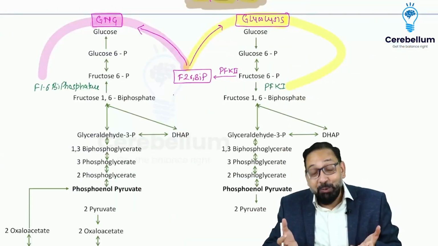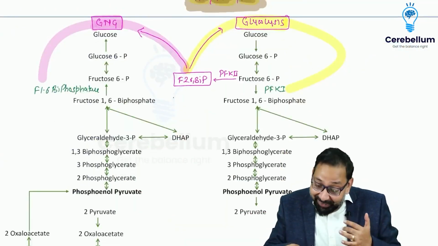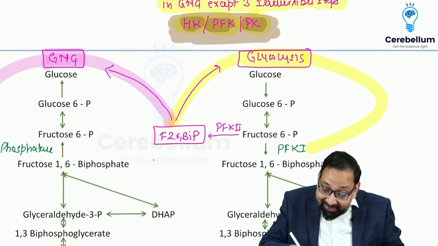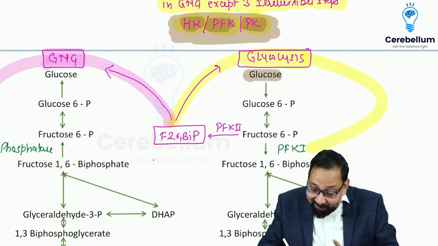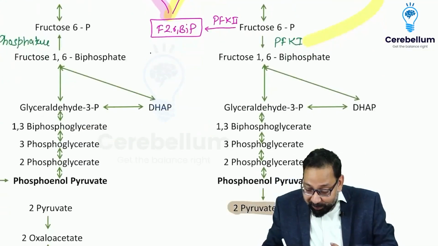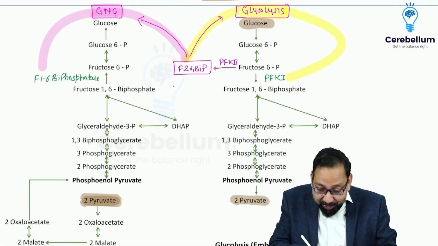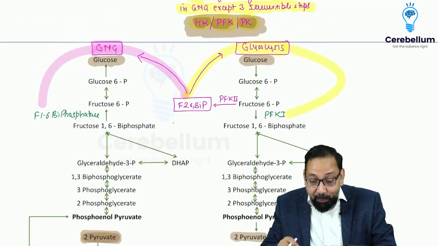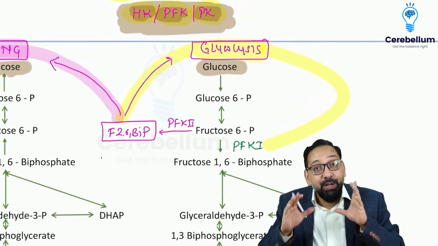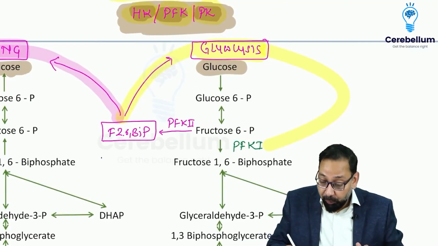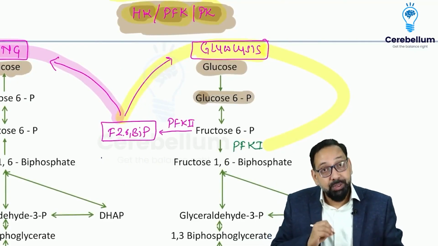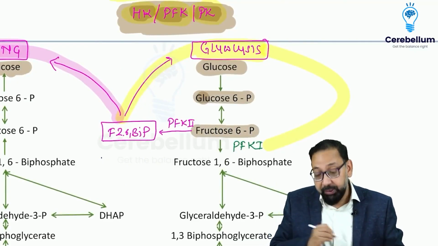So again, two opposite pathways are regulated. We found that glycolysis is conversion of glucose to pyruvate, and in gluconeogenesis, two pyruvate join to make glucose. And in the fed state, when you have a sufficient amount of glucose, glucose is converted to glucose 6-phosphate, then fructose 6-phosphate.